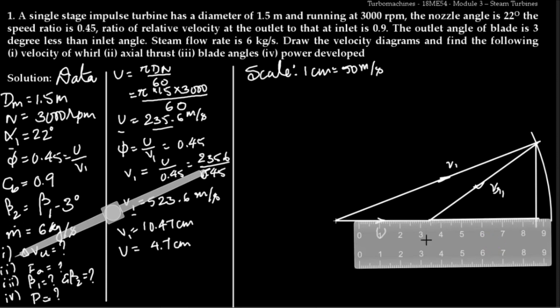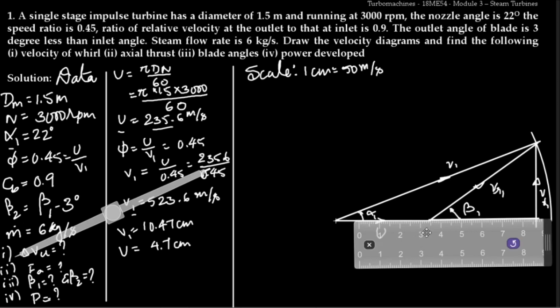Now this is my VF1. This angle from here till here is beta 1, and this angle will be alpha 1.